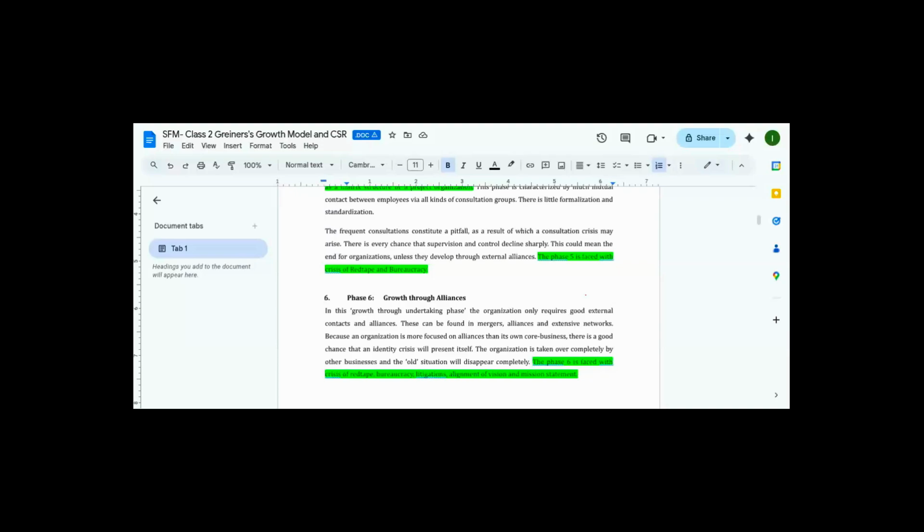It's not a decision that we take just like that. When a company is growing, it becomes more formalized. They have culture and philosophy, so anything that is against this culture and philosophy and is not in line with the vision and mission statement of the company will be rejected. That's the reason why we have a very strict bureaucratic procedure in 4 and 5, in fact including phase 6.